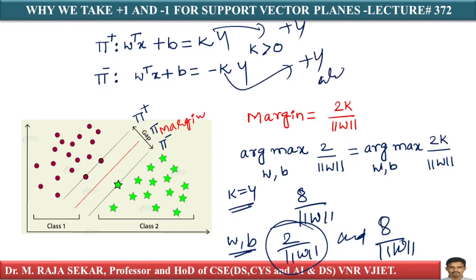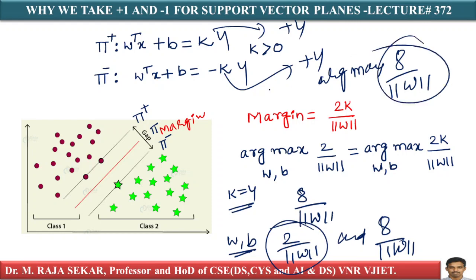Argmax of, what will you get here? You will get 8 by norm w, isn't it? The w comma b which maximizes 2 by norm w is the same as the w comma b which maximizes 8 by norm w. From optimization standpoint, you could have taken any k, it still works. That is the beauty of optimization.